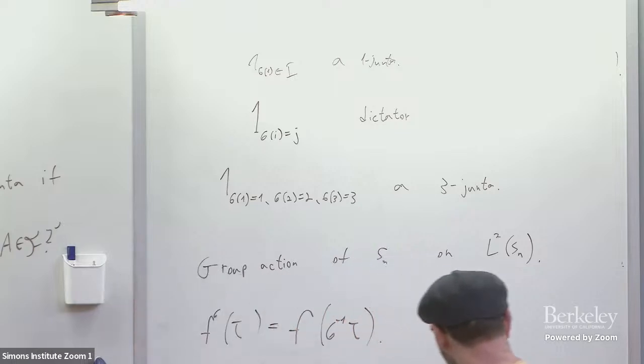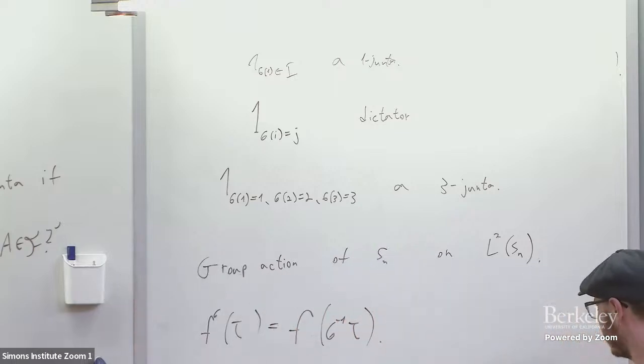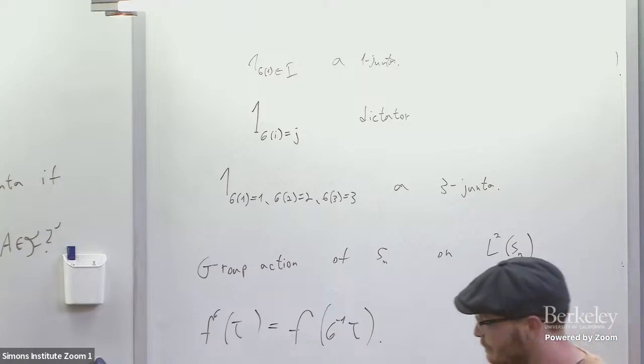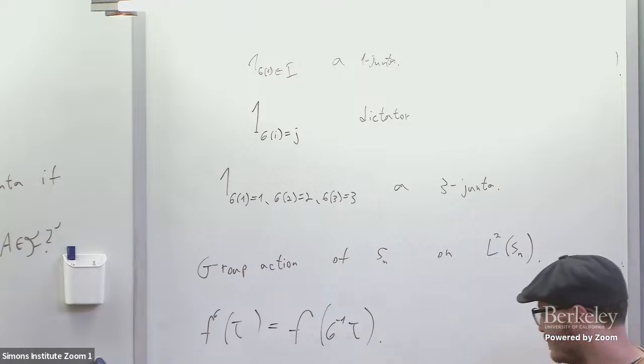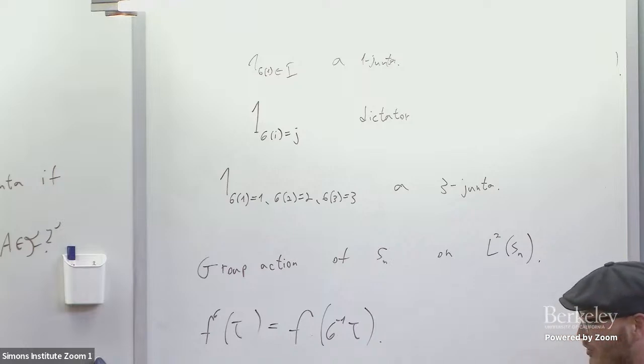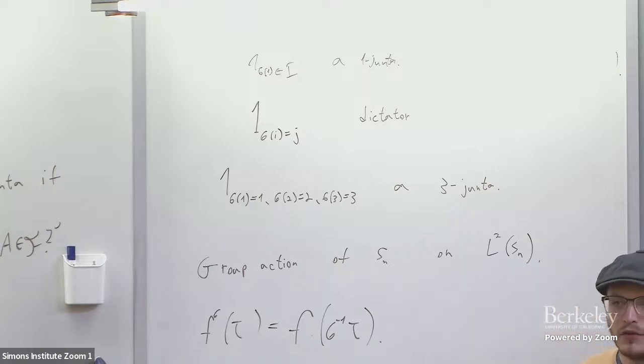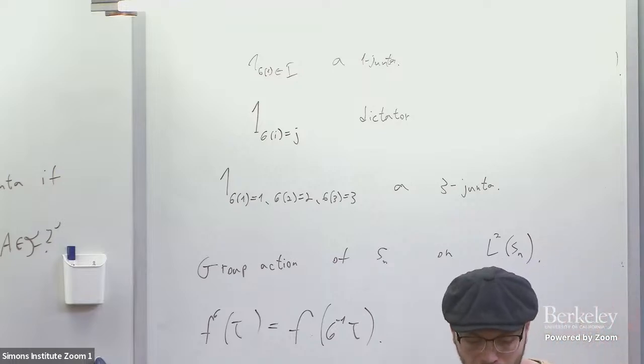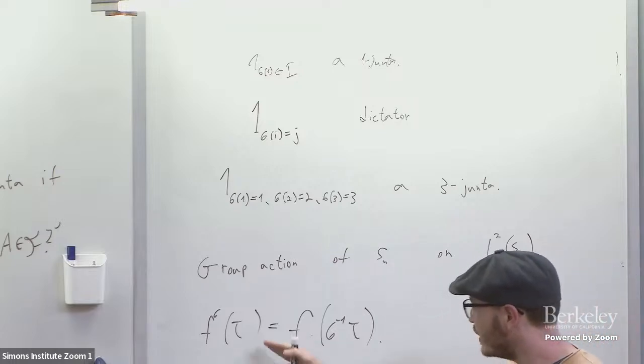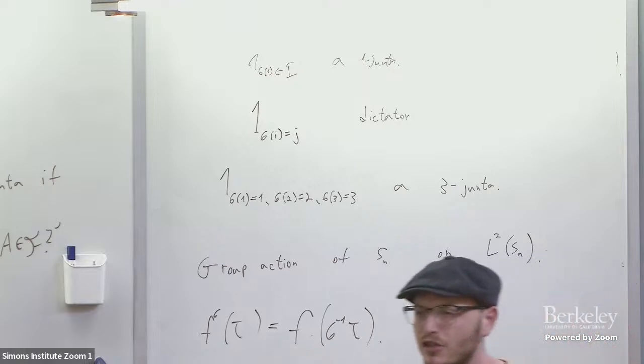You have this subgroup of all elements that fix the set J, and F depends on the set J if and only if for each permutation in this subgroup, when we change the values outside of J, we don't change the value of the function. That is, when we change the input outside of J, it doesn't change the value of the function.